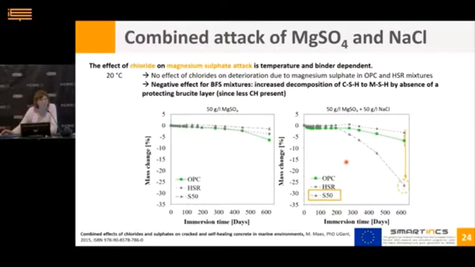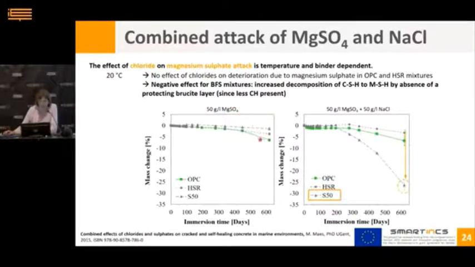The same was done for magnesium sulfate and sodium chloride. And there it was detected that there is a temperature and a binder dependent effect. So first of all, you see here results at 20 degrees. The same type of tests were done, except that the sodium sulfate was now replaced by magnesium sulfate solution.